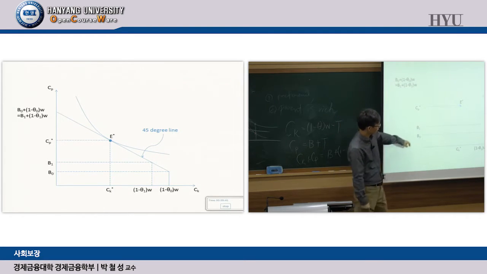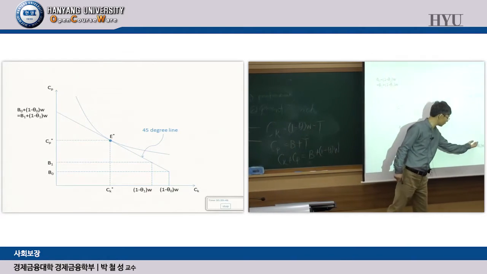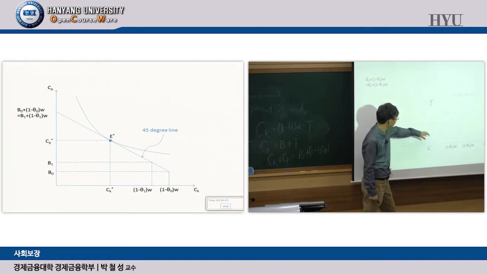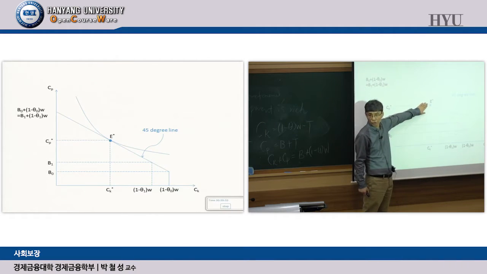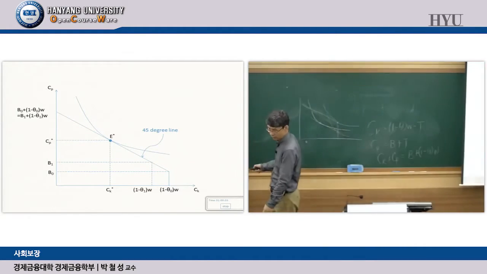Okay, so the parent's benefit increased from B0 to B1. Then exactly the same amount decreased from the child. If that's the case, no change. So E star is going to be just the same. Okay, so this is a Ricardian equivalence case.